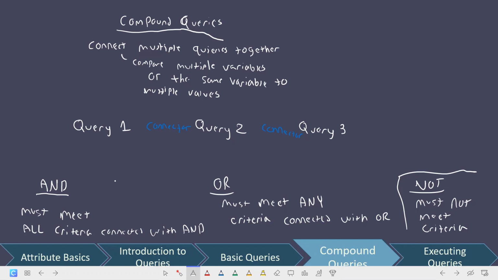So for example, dealing with the and, where you must meet all the criteria connected with and: if you ordered a hamburger and told the waiter, I want a hamburger with ketchup and mustard, that would mean that the hamburger has to have ketchup on it and it also has to have mustard on it. If it doesn't have both, you won't eat it. So and means that it has to meet all of the criteria.